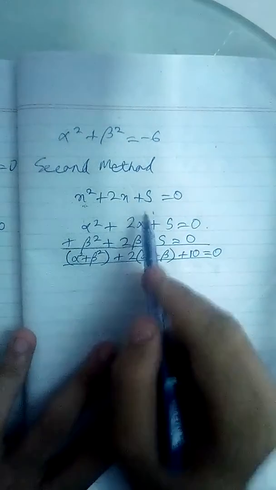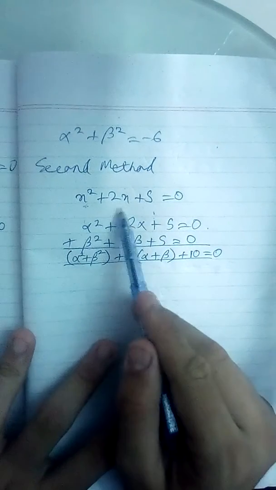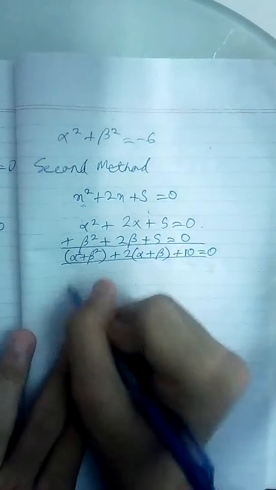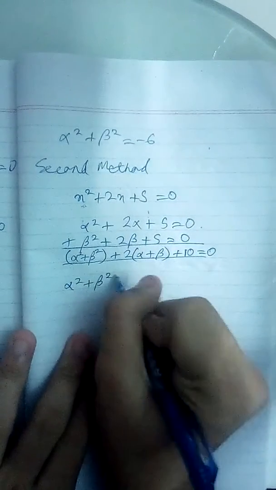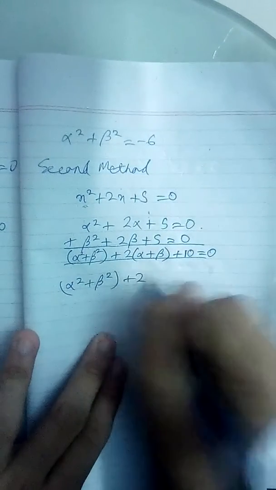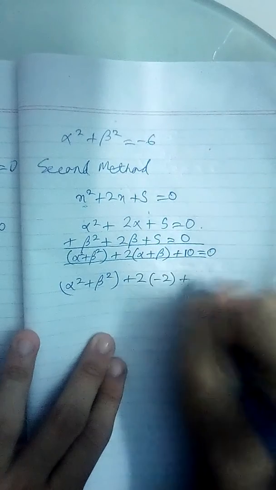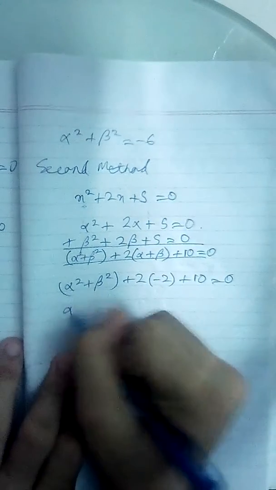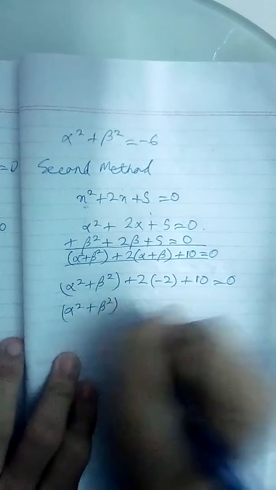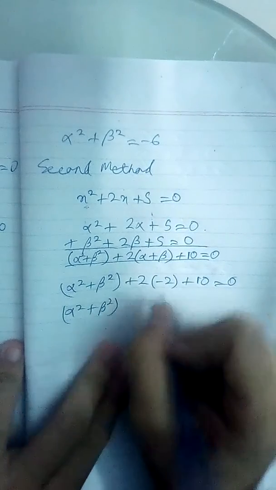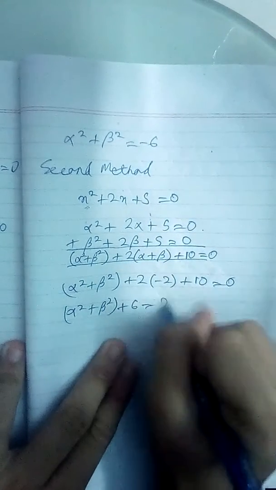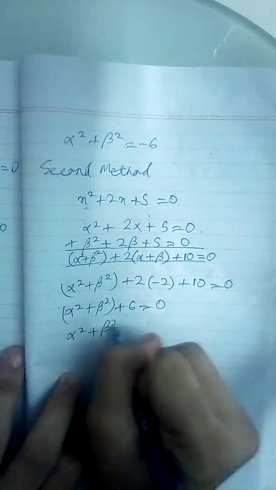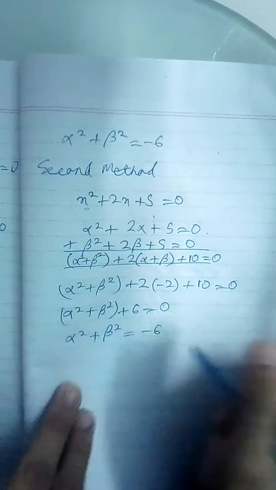Now we have alpha plus beta equal to negative 2. So we would write alpha square plus beta square plus 2 multiplied by negative 2 plus 10 is equal to 0. Alpha square plus beta square plus 6 equals 0. Alpha square plus beta square is equal to minus 6.